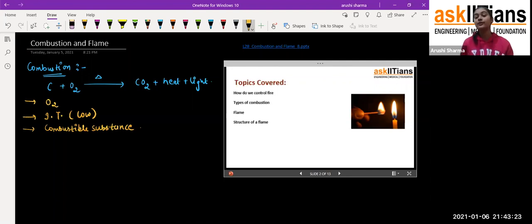Because if there is a fire and we call for people to help us stop it, it will take a long time and it can be harmful for us also. So we can take some precautions, like first aid. For example, whenever someone is injured, we do first aid. So for fire control we should also know some first aid type of points, so that we can do something from our end.